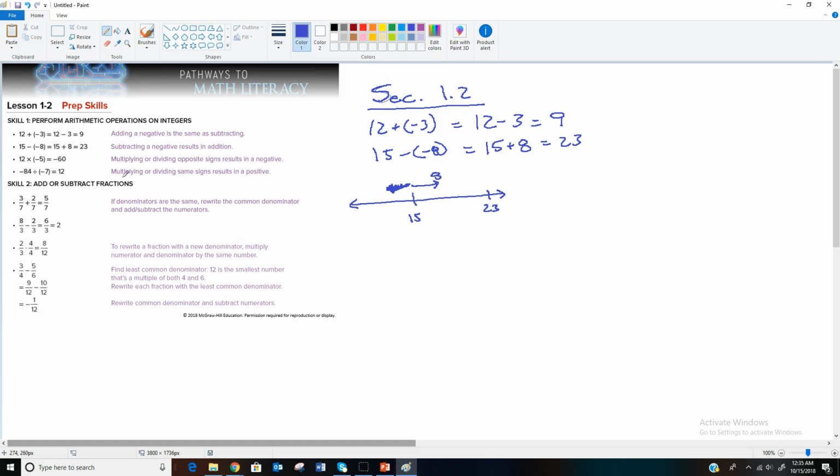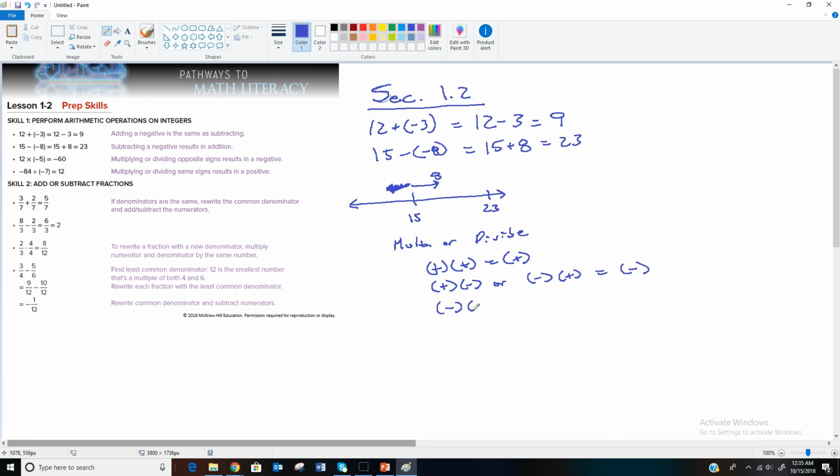When you multiply or divide, if you have a positive and a positive, that's going to get you a positive. If you have a positive and a negative, or a negative and a positive, that's going to give you a negative.